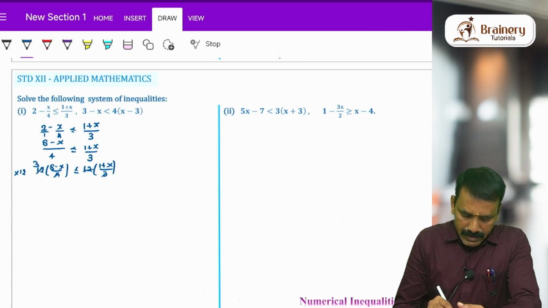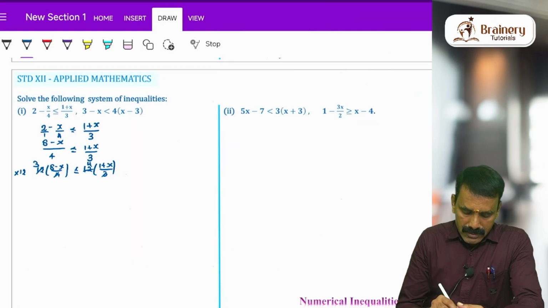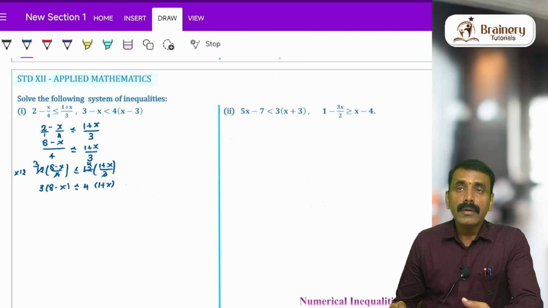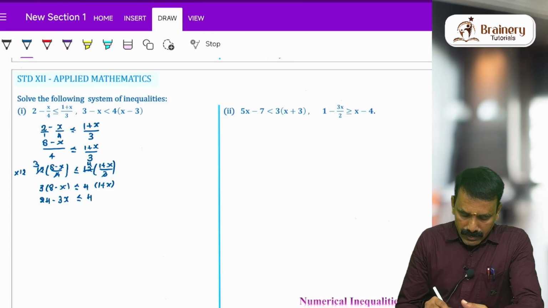If we cancel here it will be 3, and here it will be 4. So this is 3 into (8 minus x) less than or equal to 4 into (1 plus x). We multiply inside, so it will be 24 minus 3x less than or equal to 4 plus 4x.